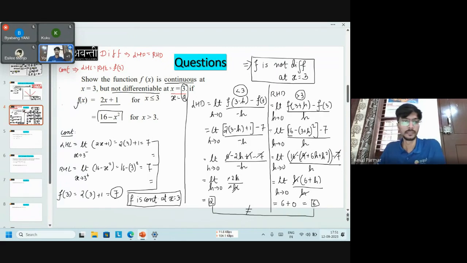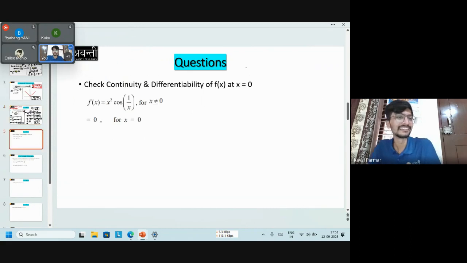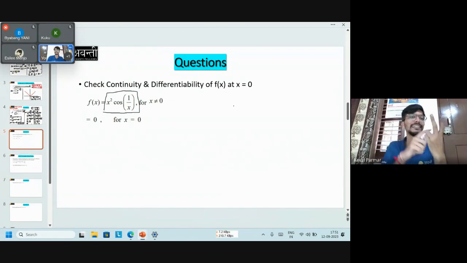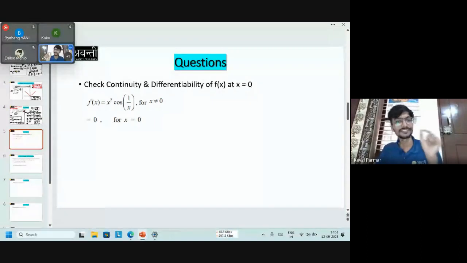So this is the last example. And if you remember, in today's class only we did this. Now we have done it 3 times: once in limits, once in continuity, and once here. I am not doing continuity again because just at the start we did this question.